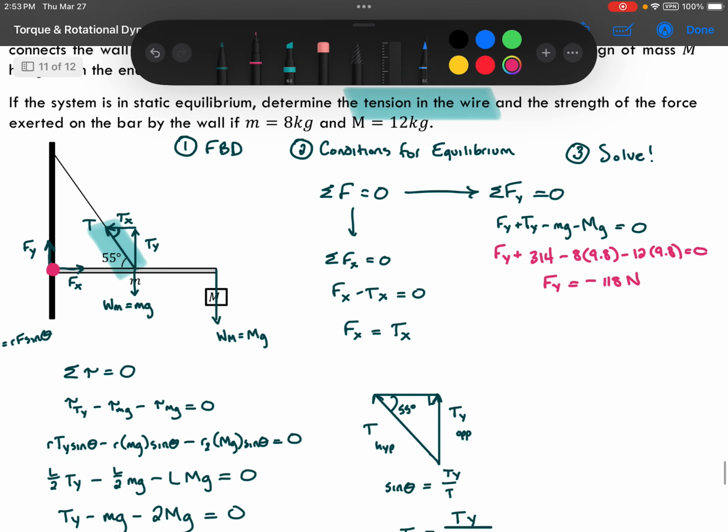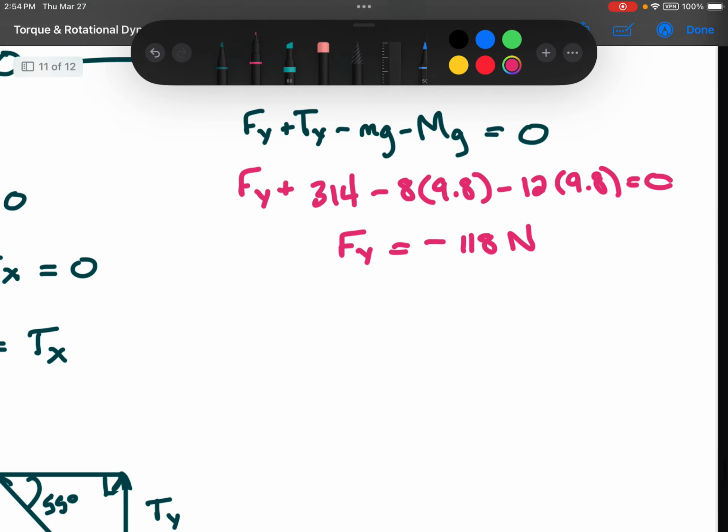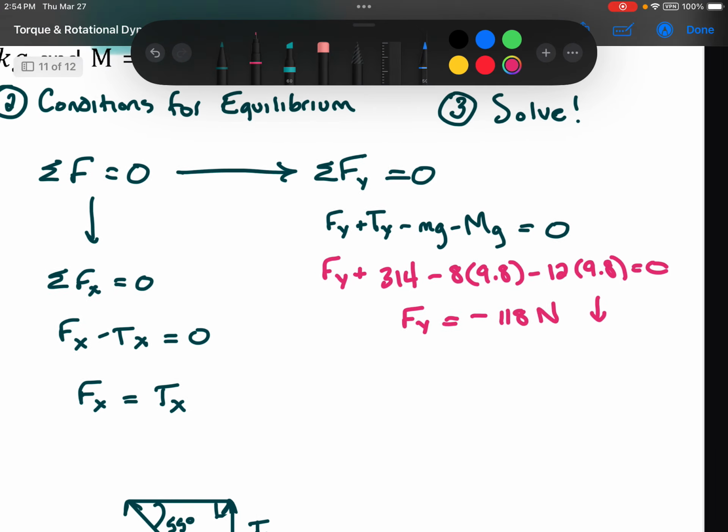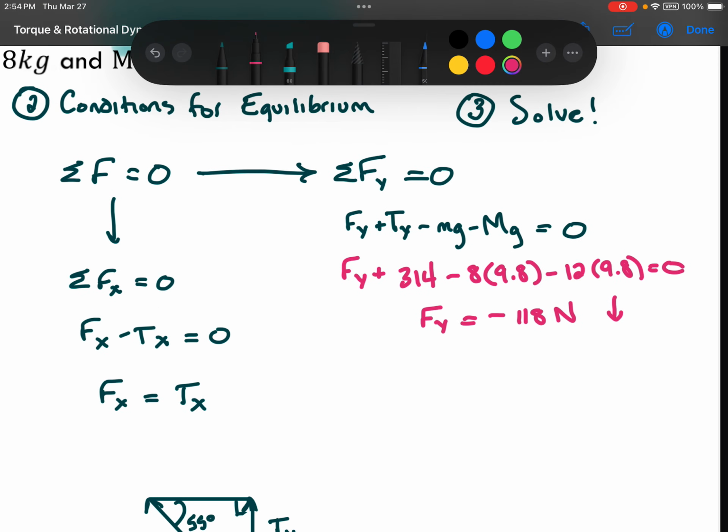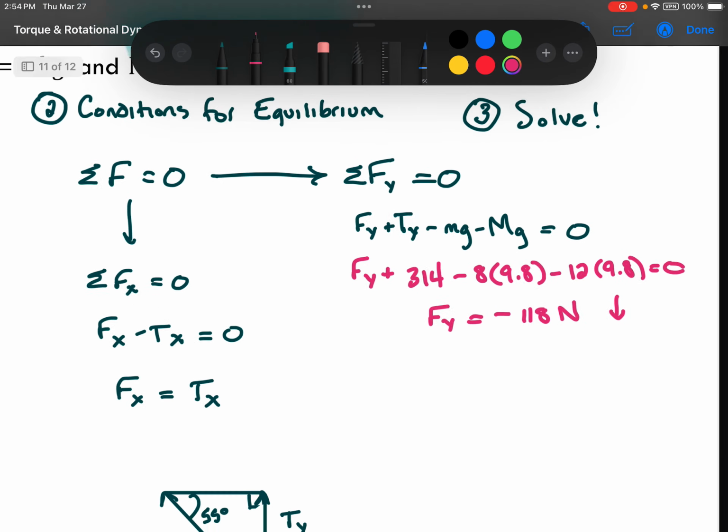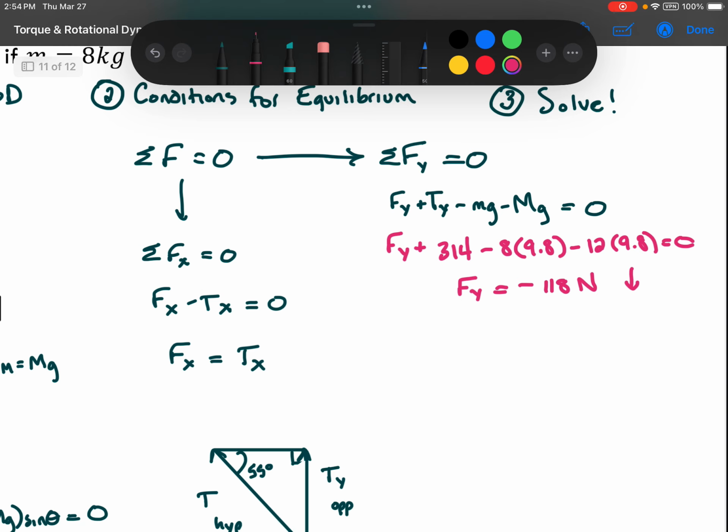And all that negative tells us is that the direction that the force is actually pointing in is opposite of our predicted value. We had said, let's say Fy is pointing up, and by recovering that negative, we know in fact the force in the y direction from the wall will be pointing down. So that's part of our force from the wall.